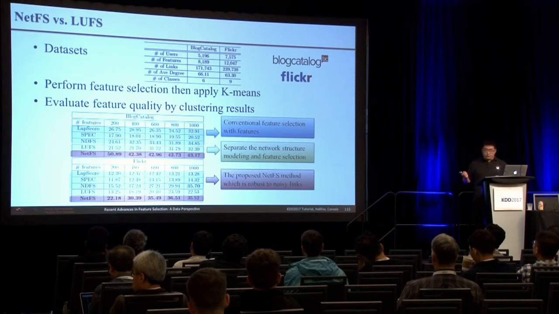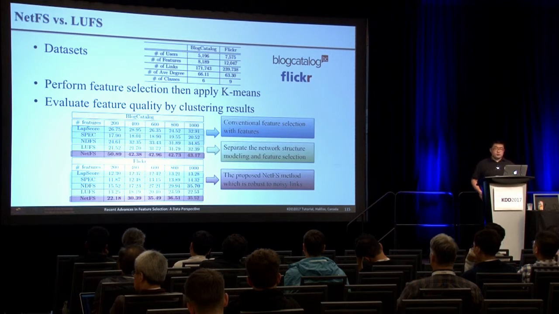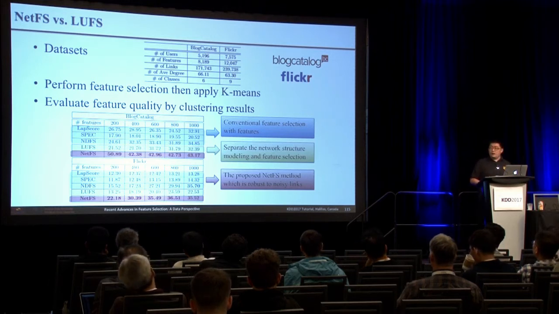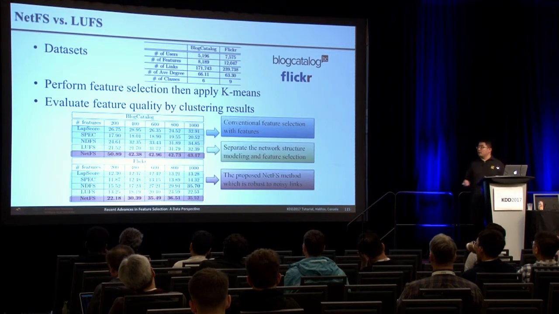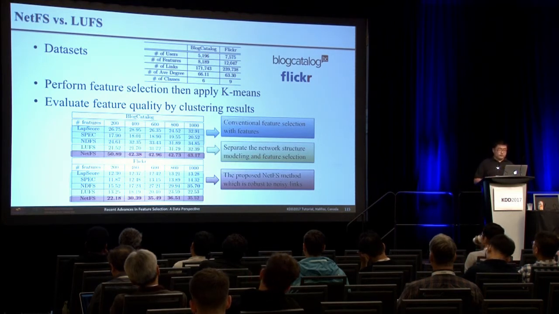We can see from the following two tables that the proposed robust feature selection method outperforms the existing feature selection methods, the first three methods. So it shows the necessity of using the link information for feature selection. It also outperforms the method which separates the network structure modeling and the feature selection. In this way, we can say that our proposed method is more robust to the noisy links.